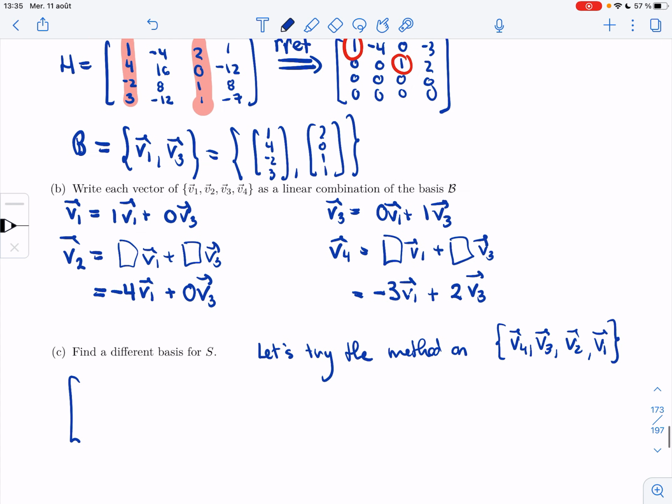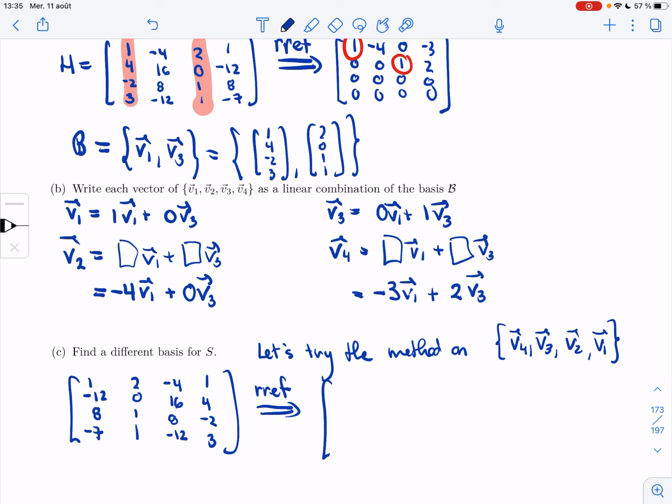If I put them in, here's V4, then I want V3, I want V2, and I want V1. All right, so I've reduced this one for you as well. What I got was 1, 0, 0, 0, 0, 1, 0, 0. Notice that this is not going to be part of the original matrix.